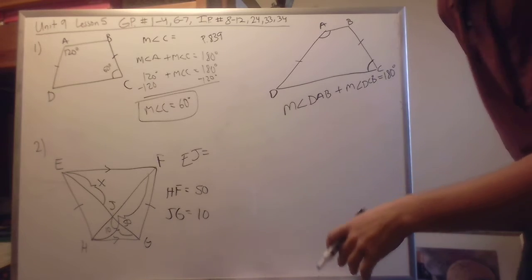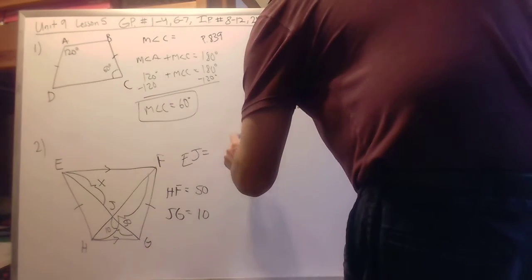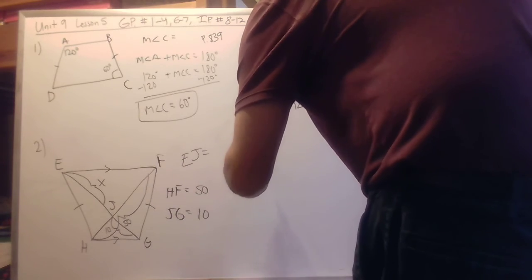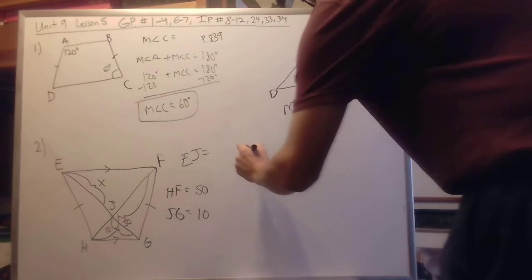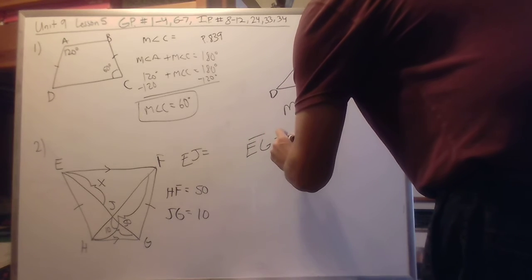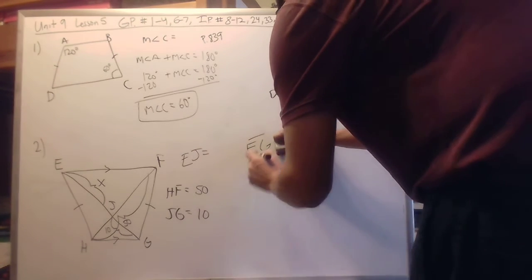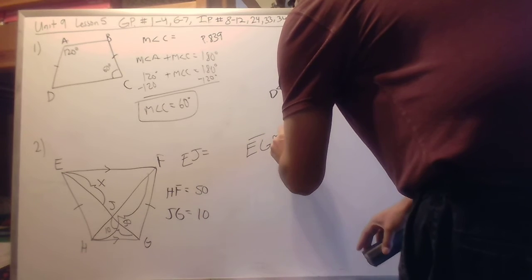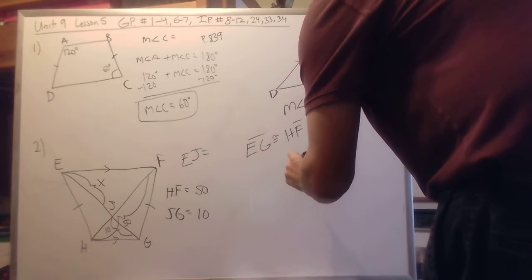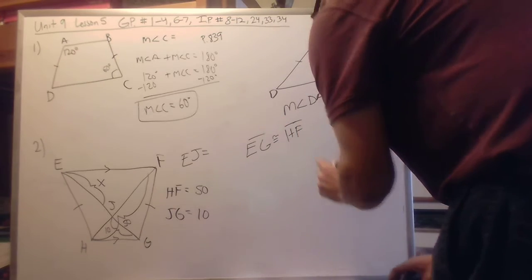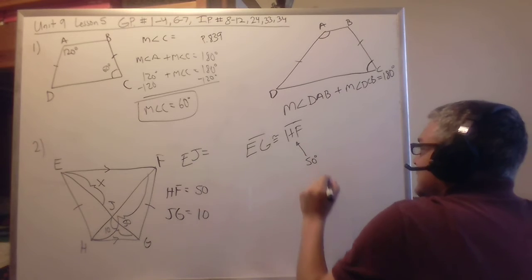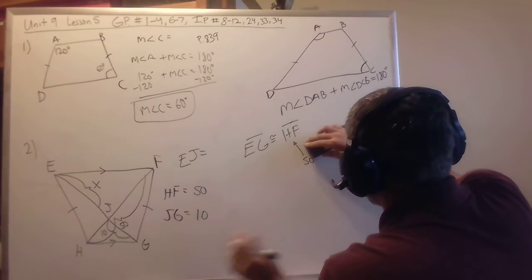So we know that based on the properties of trapezoids that the diagonals are congruent. So we know that diagonal EG is congruent or equal to HF. And we know that HF is equal to 50.